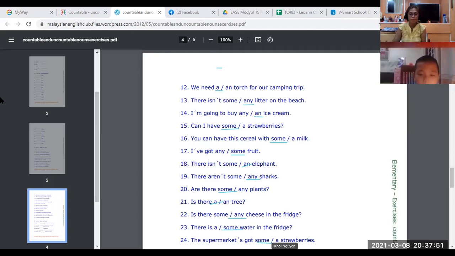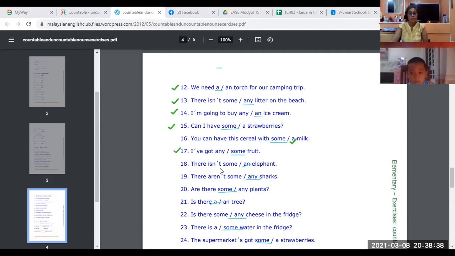Okay, now here we need a torch. There isn't any litter on the beach. I'm going to buy an ice cream, of course. Can I have some strawberries? You can have this cereal with milk, of course. I've got some fruit.